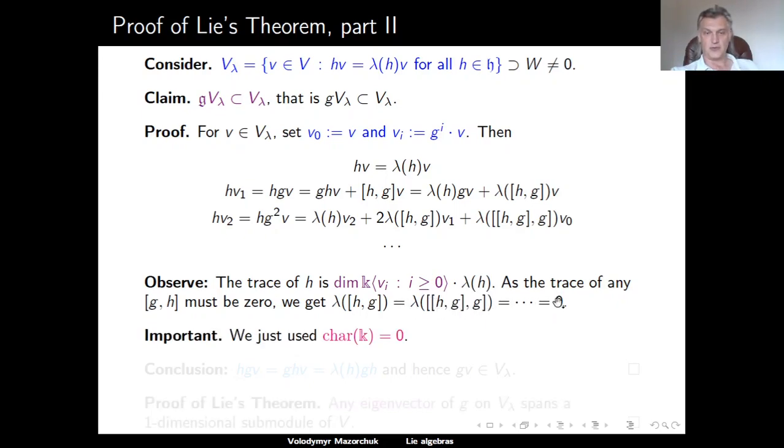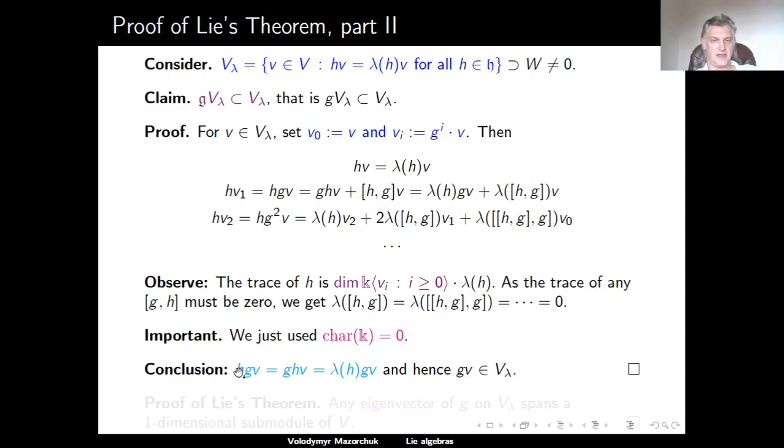It's very important that here we use that the characteristic of our field is 0. From the observation that the value of lambda at each commutator of h and g, where h is in H and g is our element, is 0, we have the following conclusion. Let's look at the second line of our computation.